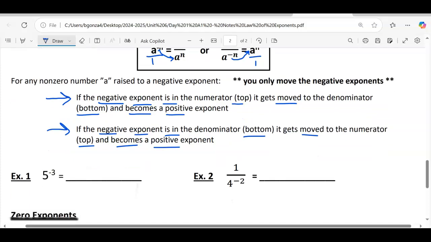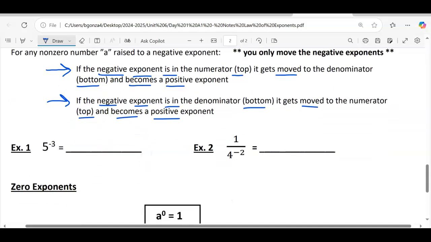All right, now check out this example. 5 to the negative 3 power. So here's my fraction bar for my answer. When I see a negative exponent, it has to flip to the other side of the fraction bar. So right now it's on top, so I'm going to get rid of that negative sign and move it to the bottom underneath 1.